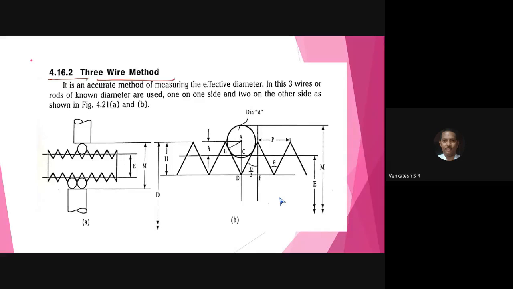All of you mark, very, very important. You can expect this question in the examination.